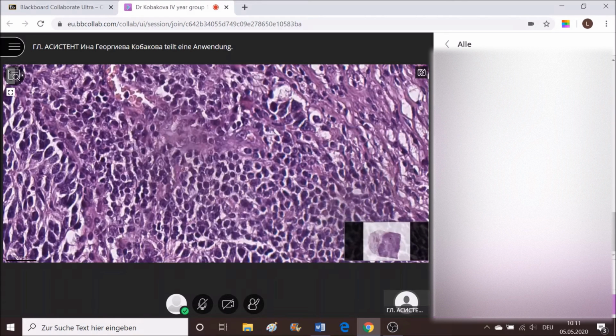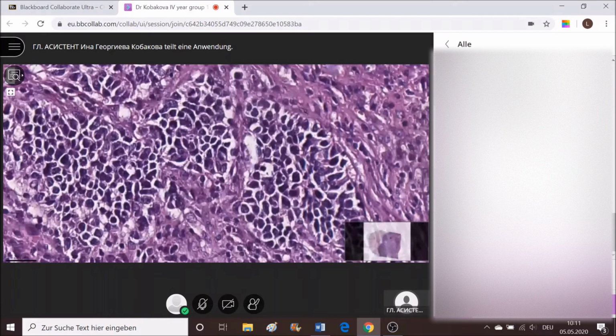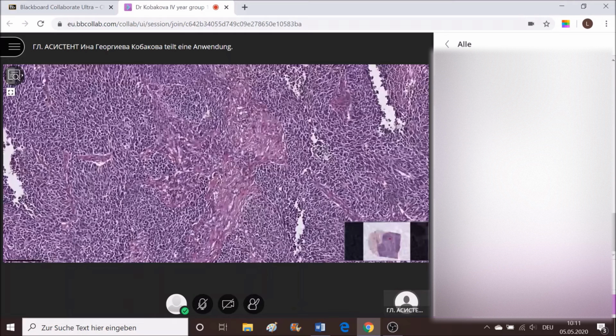Where does this tumor start from? Yes, completely correct. What does neuroendocrine mean? Which are these cells? We discussed them in practicals a couple of times. We discussed them also when we had practical about the pulmonary system, also in the gastrointestinal system, and in other practicals where we had the component of neuroendocrine tumors.